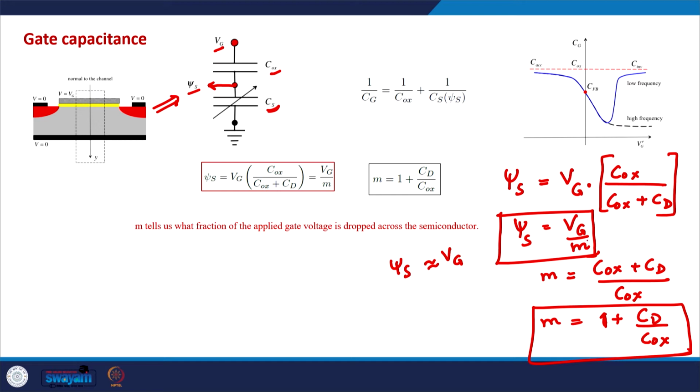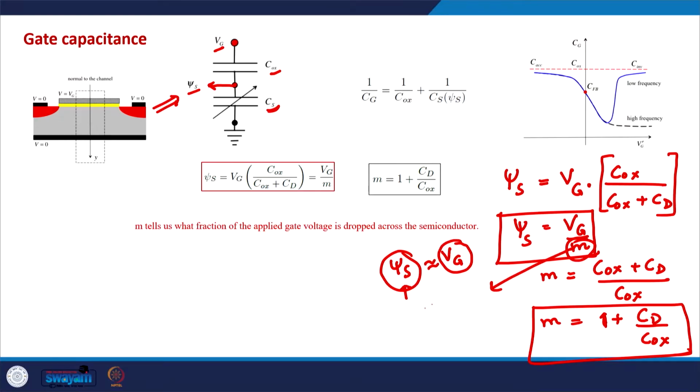This M, known as the body coefficient of the MOSFET, governs how much of the gate voltage will drop across the semiconductor, because the voltage that drops across the semiconductor is psi s. So, if M approaches 1, psi s will almost be equal to Vg.